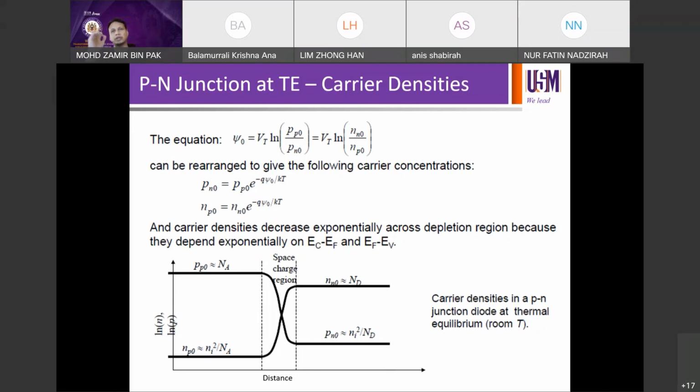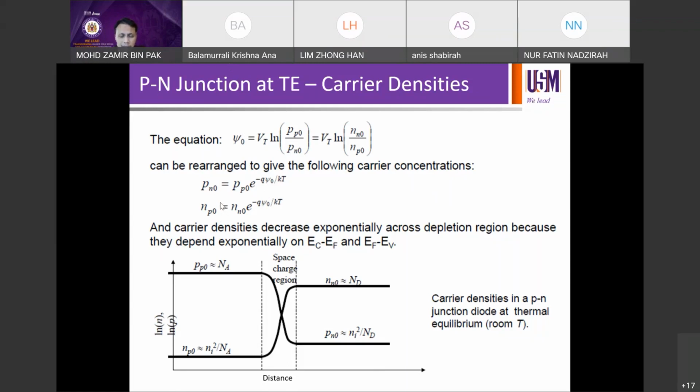So that's why we need to calculate the level of the carriers when they are the minority carriers. That means you want to know the holes in N-type, and you also want to know the electrons in P-type. So that's why you need to rearrange the above equation to be able to calculate the minority carrier level at thermal equilibrium.